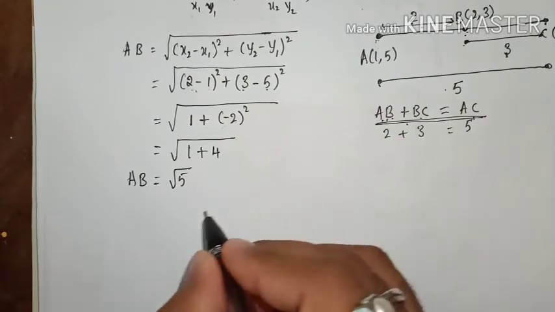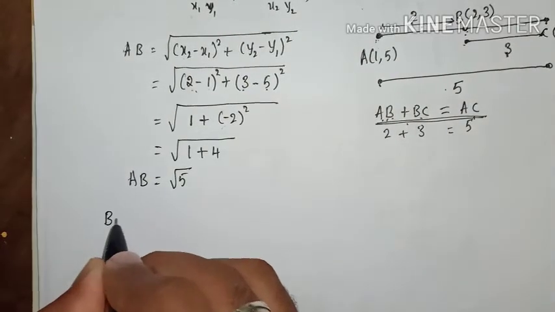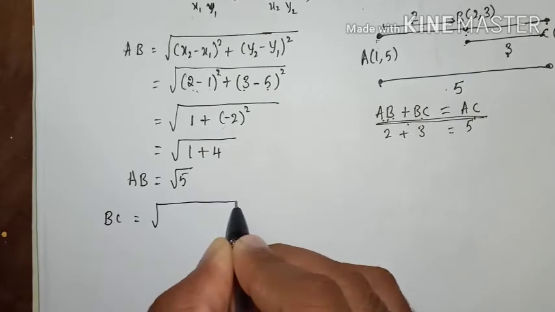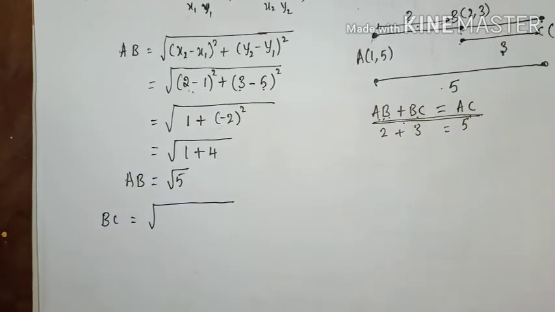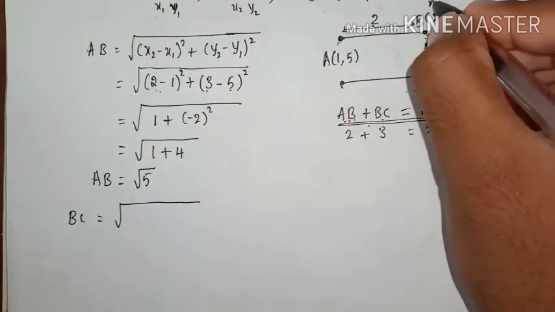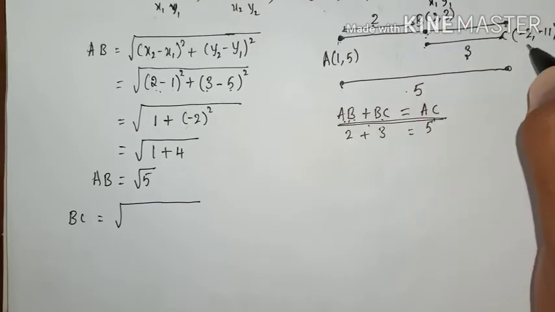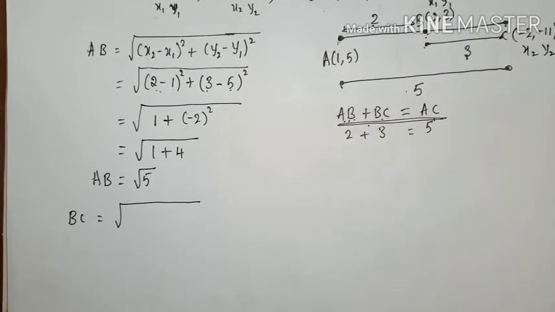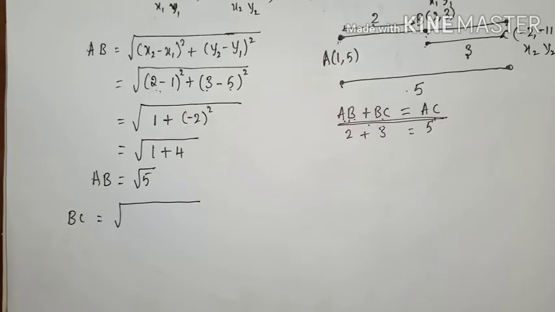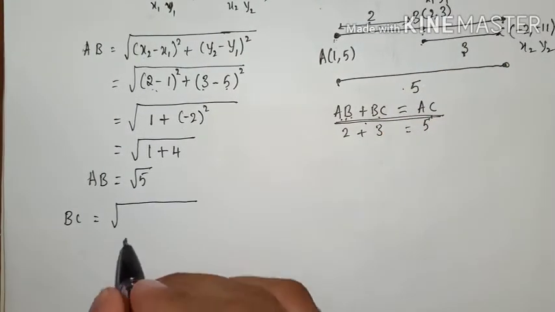Let us go to the next one, BC. Okay, so separately we'll find out. So BC is equal to square root of... now BC, you should be very careful. Now let me take x1, y1, x2, y2. If you make mistakes while taking the values, you will not get it.